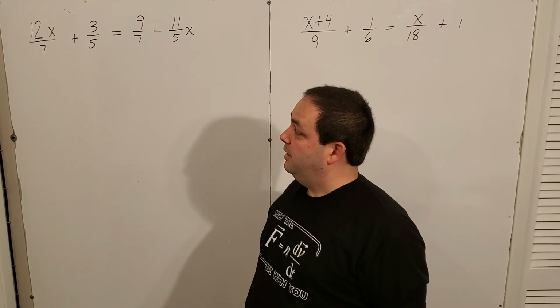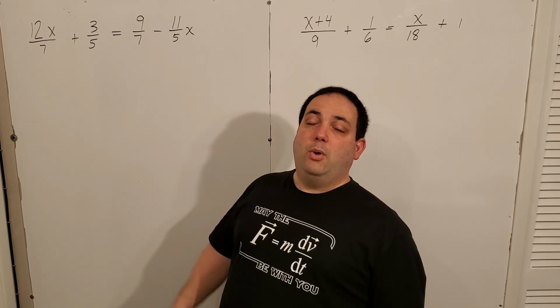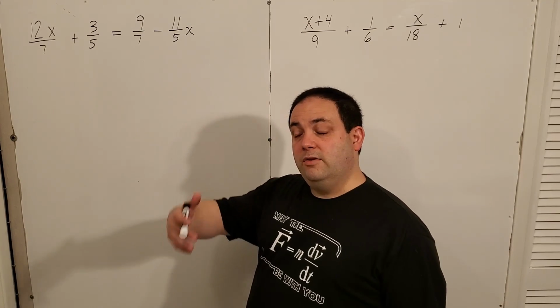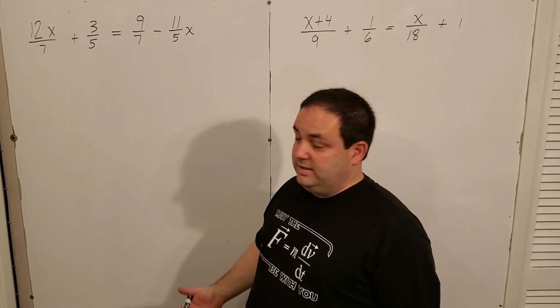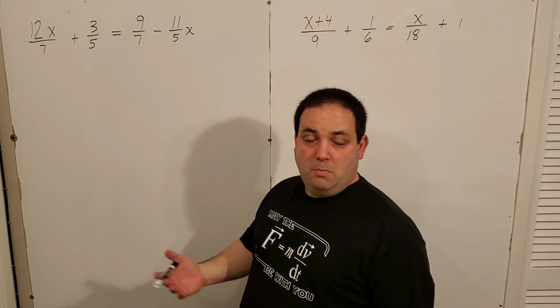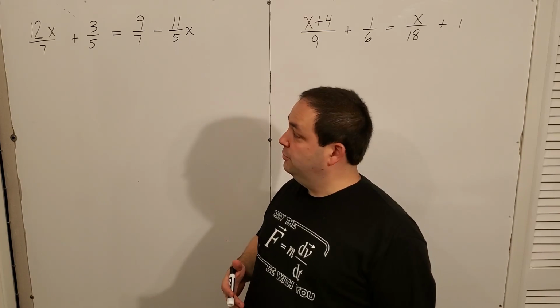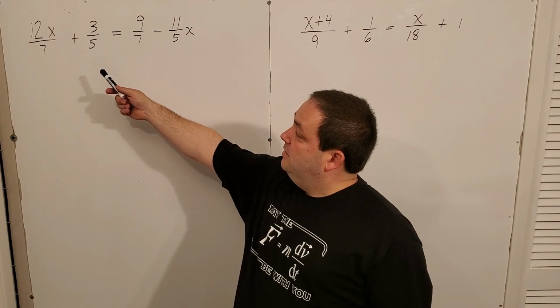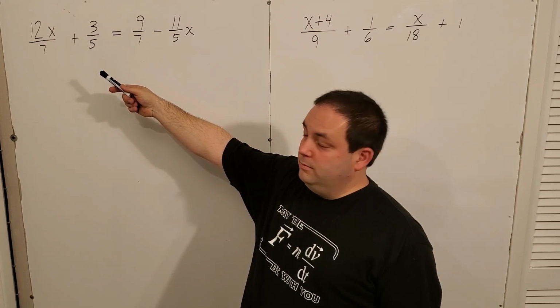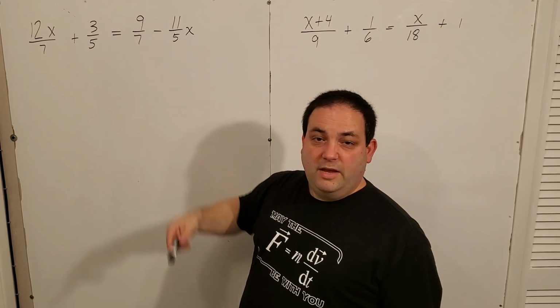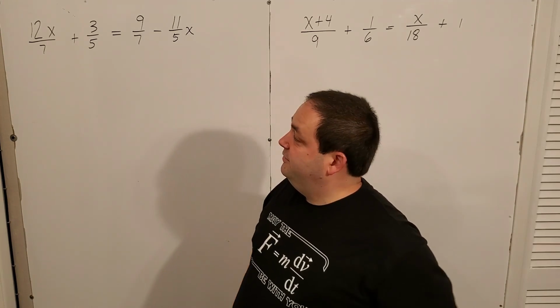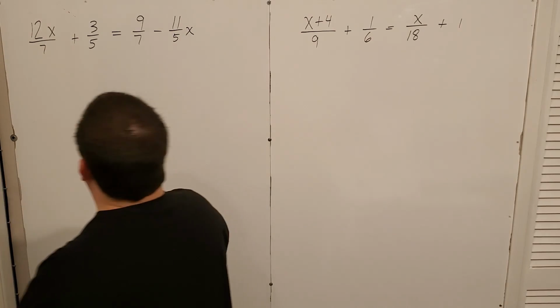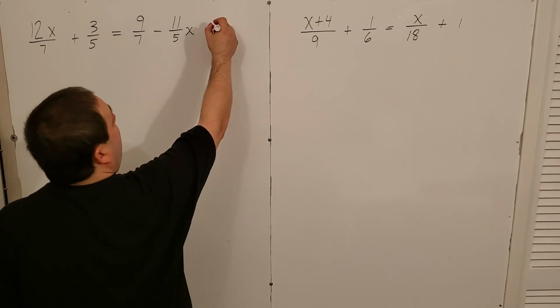Lowest common denominator. What is a number that both 5 and 7 can multiply into? And typically, the easiest thing to do is to just multiply them together, but it's not always true, okay? So in this case, 5 and 7 both being prime numbers, 5 times 7 is going to be the best way to go, 35. So what am I going to do? I'm actually going to multiply by 35.